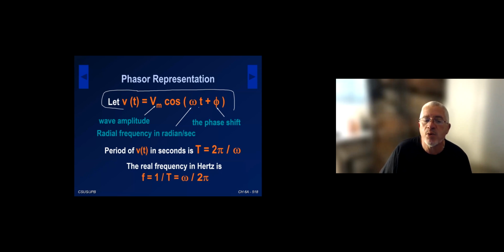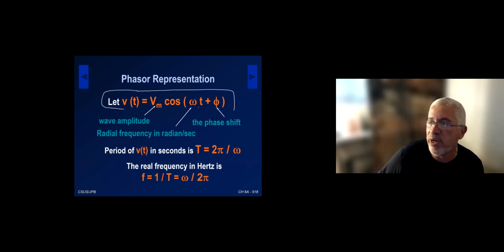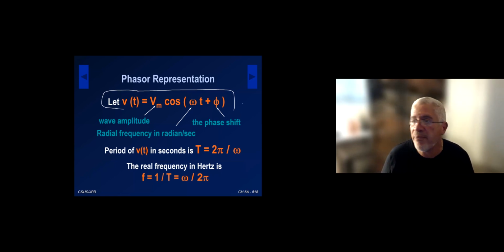Omega is the radial frequency in radians per second, and the frequency in hertz is the radial frequency divided by 2 pi. So for home signals, omega would be 2 pi times 60 hertz, which is about 377 radians per second. So we're looking at how to use phasors for these types of signals operating in our circuits as sources.